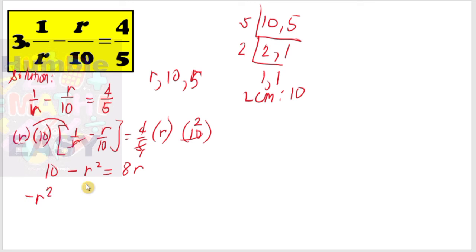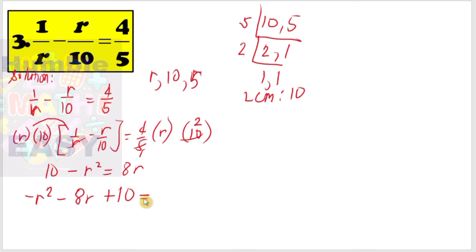So negative r squared must be on the left side because that one is the highest, here is 2. Then followed by negative 8r because in the right side we have here 8r. Then we're going to transpose it to the left side of the equation, it became now negative 8r. Then we just got only the positive 10, so just have plus 10 and we now have here equal to 0.